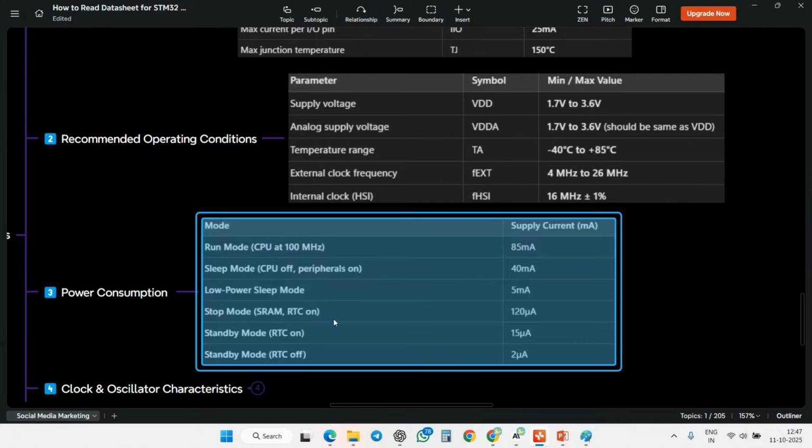In stop mode, it is completely off, and your flash is also off. That time it takes just 128 microamps.